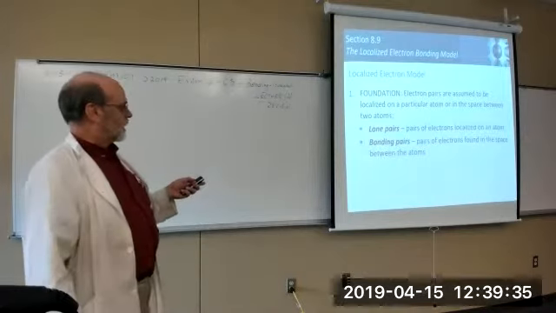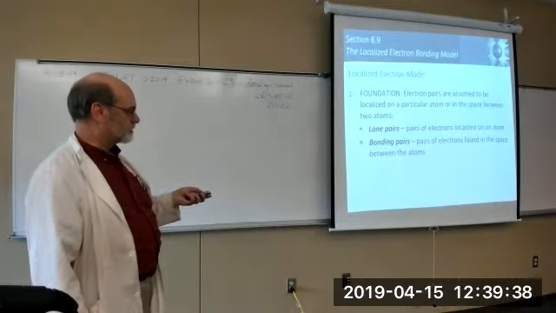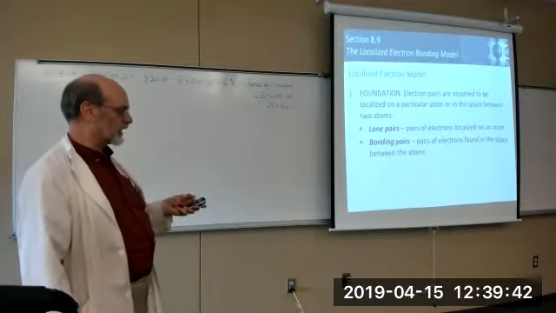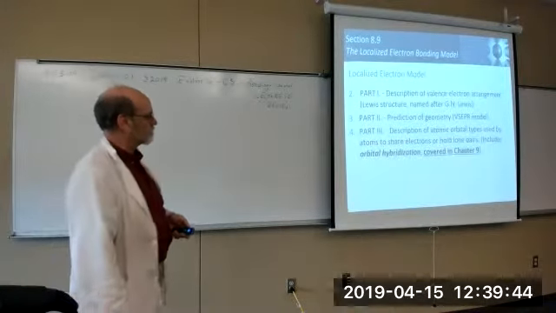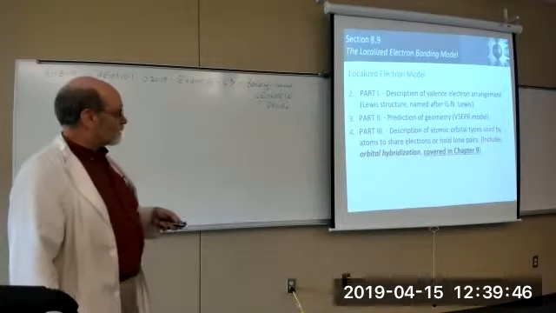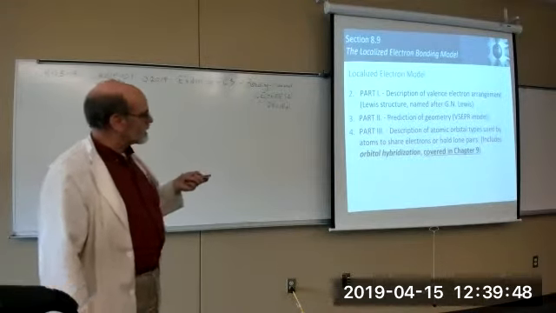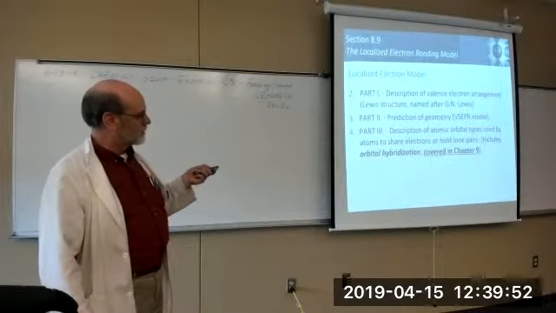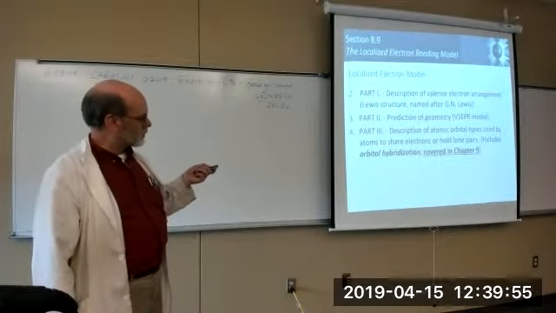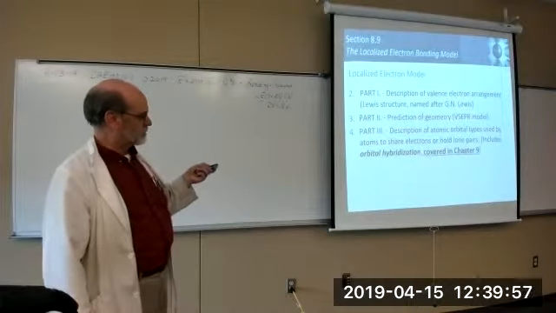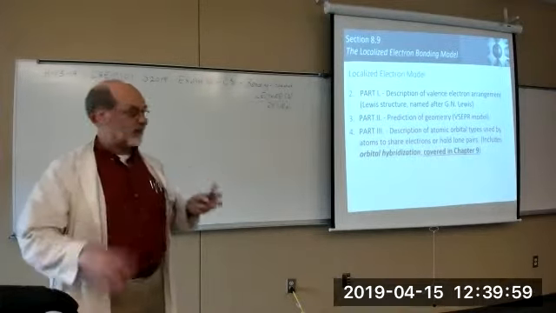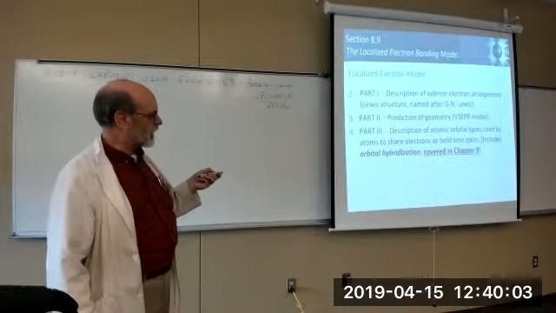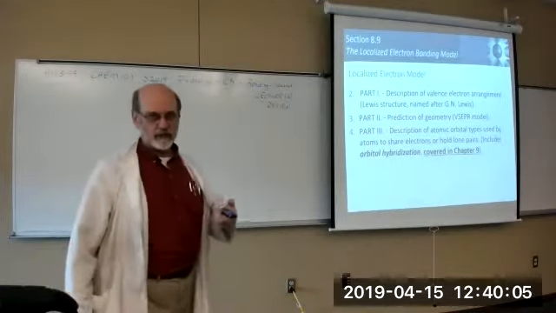So we have lone pairs that are assigned to individual atoms and bonding pairs which are shared between atoms. Okay, for this chapter, we're only going to deal with part 1 and part 2 here. Part 1 is we're going to draw the Lewis dot structures for a compound. And then part 2 is we're going to use that to predict the geometry of the molecule.